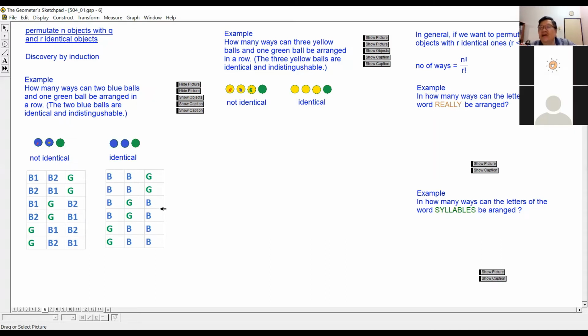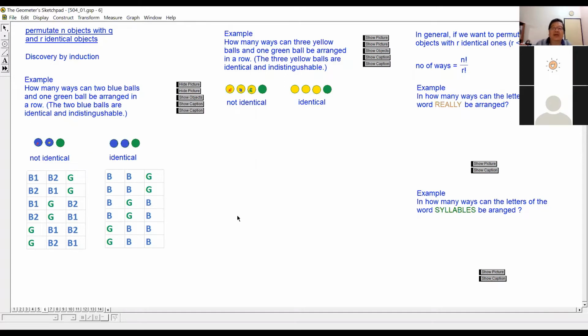This is considered one way only. Next one. Earlier on, I have G, B1, B2. Now I have G, B, B, because I don't know whether it's B1 or B2. They are identical. Now, if I have G, B2 and B1, it becomes GBB also. So these two are the same.